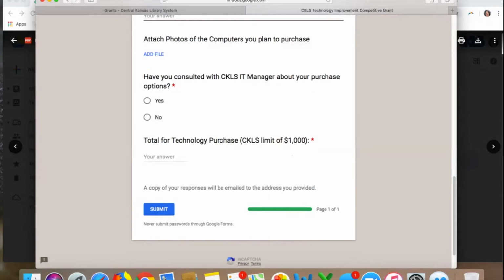The reason we're asking is because you might think you have the great computer picked out, and then we're going to look at it and say, this isn't going to do what you need it to. It doesn't have the right version of Windows. It doesn't have enough processing speed. So if you contact Andy beforehand, we're going to get it all laid out before you submit the grant. And if we see a problem, we'll contact you about it.